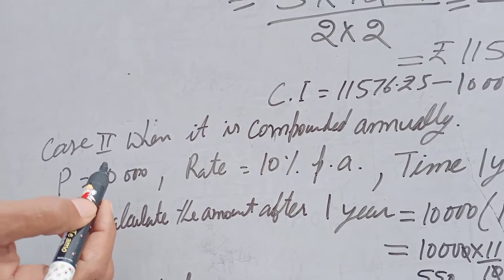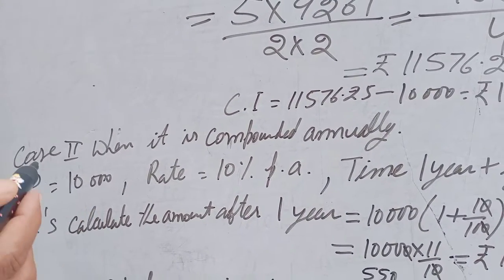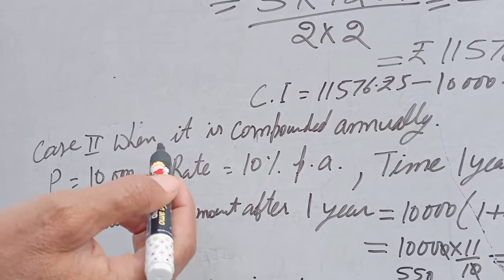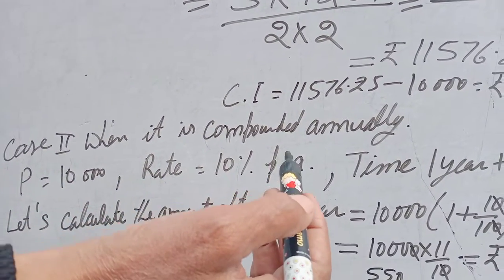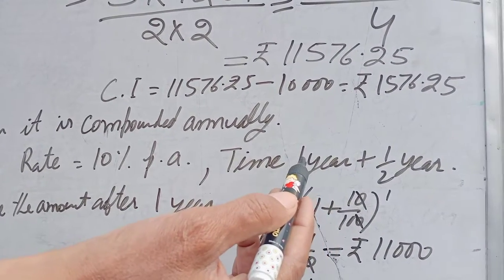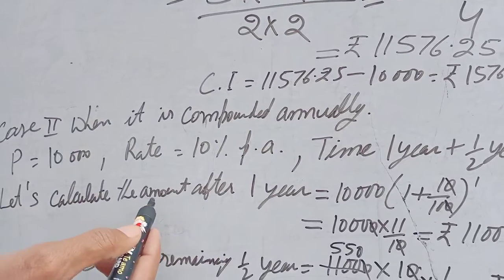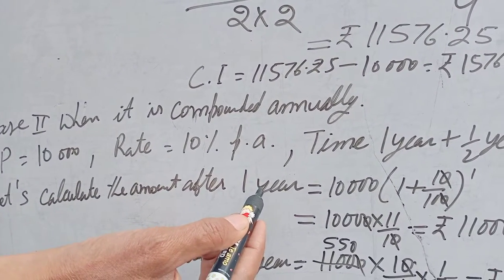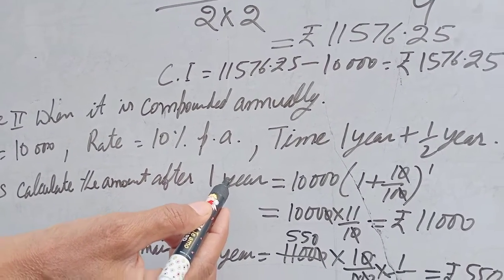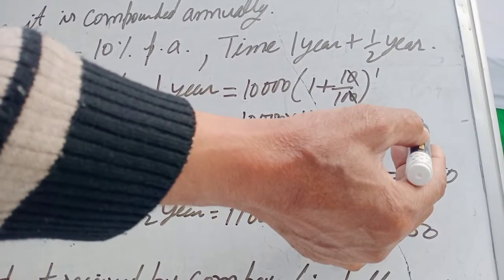Now in second case, we calculate the interest when it is compounded annually. See, what we do is, it is not possible to calculate for 1.5 year. So what we do, let's find out the amount for the first year first. The amount for the first year comes out to be 11,000.